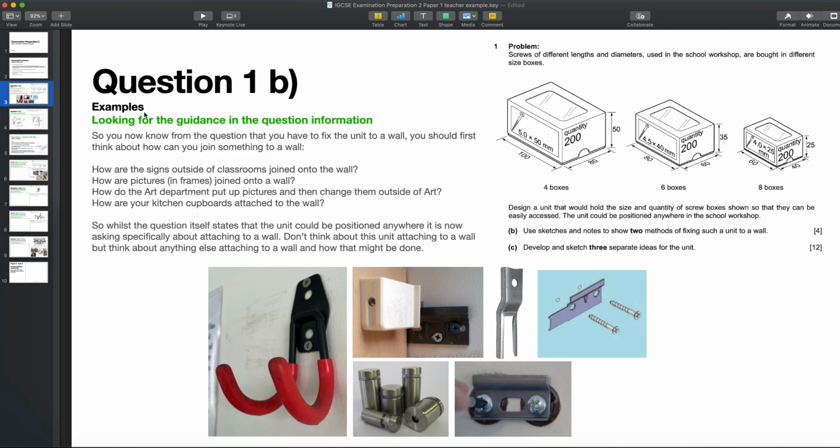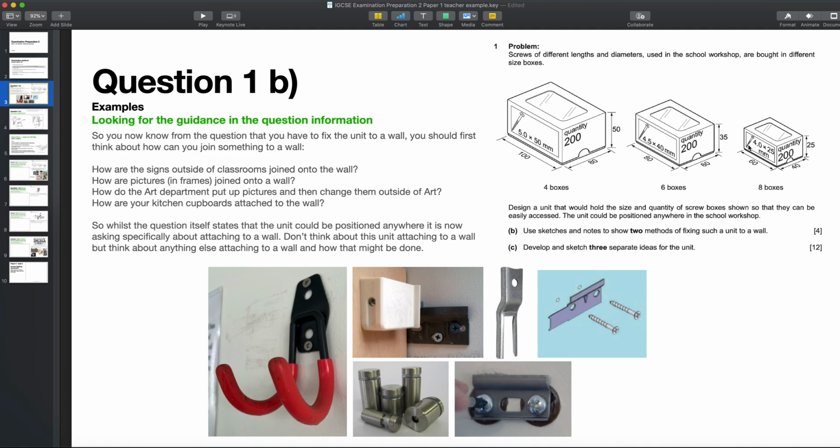So if we first of all look at the question. Question is here, part B. It says using sketches and notes to show 2 methods of fixing such a unit to a wall. And we realise the unit because the unit was in part A. The unit can be positioned anywhere in the school workshop and it's got to hold these boxes.